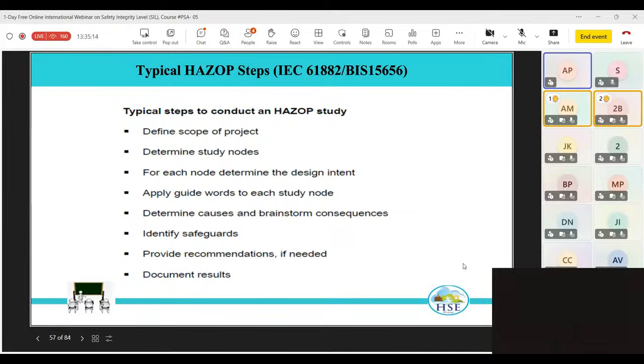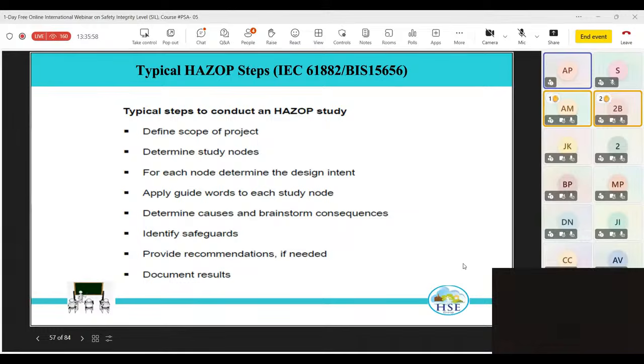then determine causes and brainstorm the consequences. Each cause has to be determined, and what will be the consequences if that cause happens. That needs to be brainstormed with the whole team, and after that brainstorming, you need to identify the safeguards, which will take care of the consequence if it happens, and whether they are adequate. If there is a need to provide some recommendations, then you need to write them down, for example, please include this step in a maintenance procedure or in your day-to-day protocols, some administrative measures.